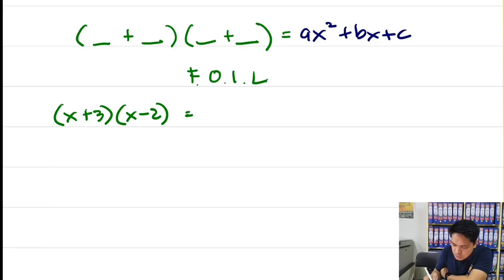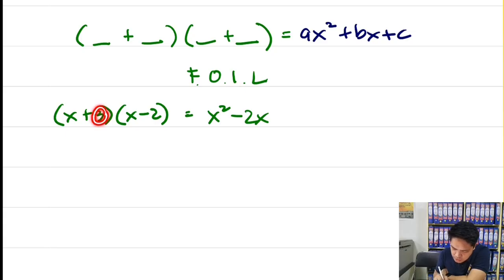Using the FOIL process, you multiply the first terms first. So x times x, that's x squared, plus you multiply the outside terms, which are x and negative 2. So x times negative 2, that's negative 2x.